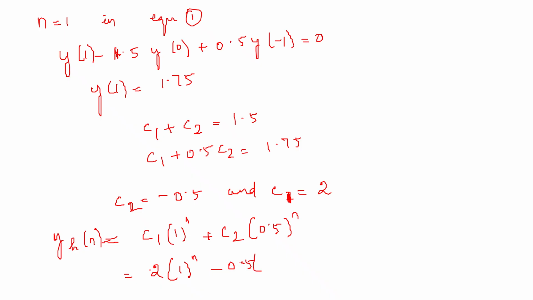So this is my homogeneous equation solution for the natural response of the equation given in the problem, which is 2 into 1 power n minus 0.5 into 0.5 the whole power n.